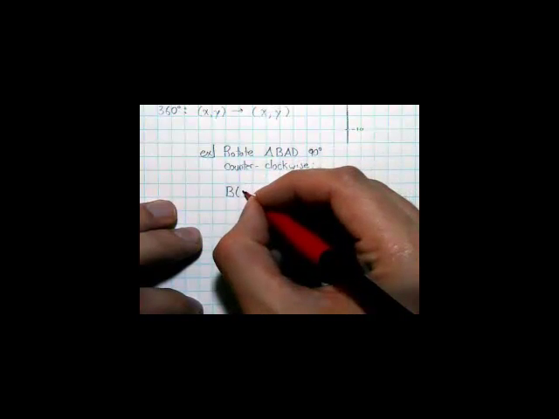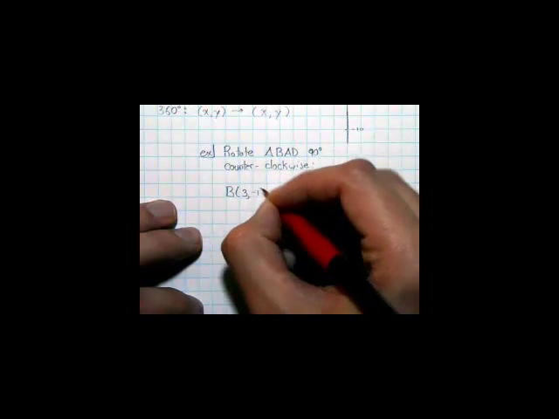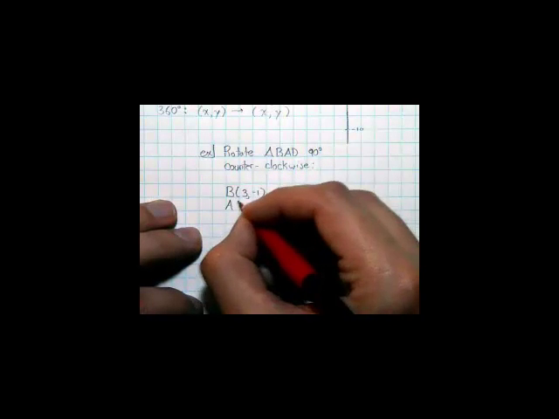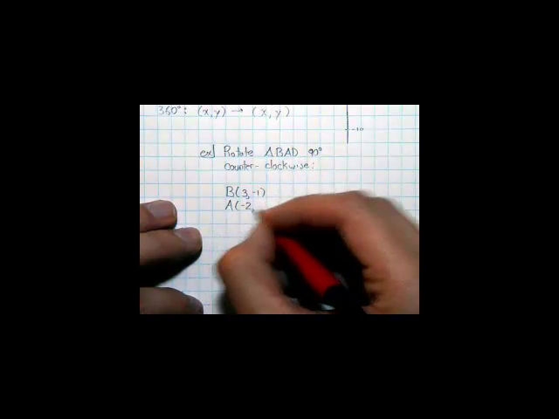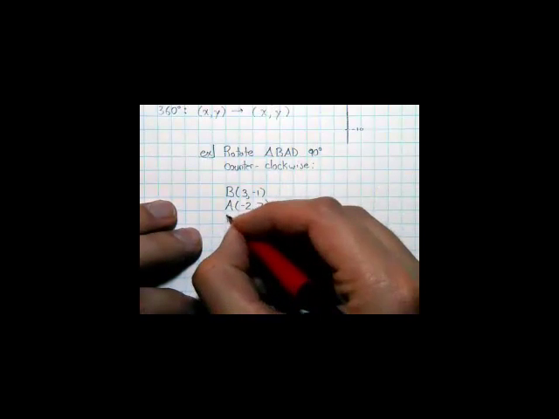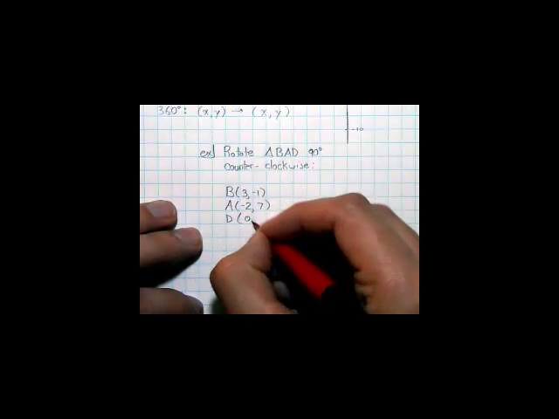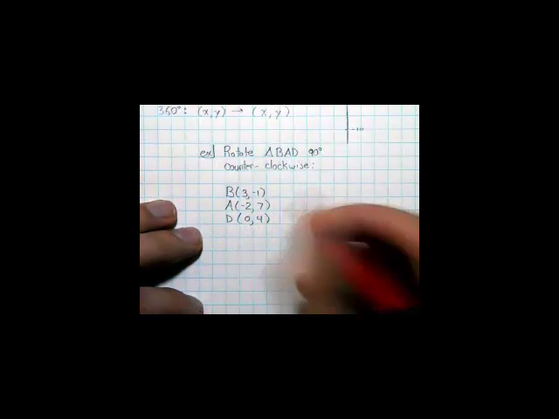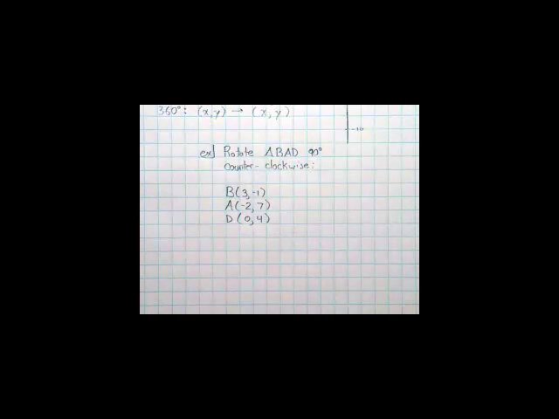B is going to be at 3, negative 1. A is going to be at negative 2, 7. And D is 0, 4. So 90 degrees counterclockwise. Apply the rule, give me those 3 points.